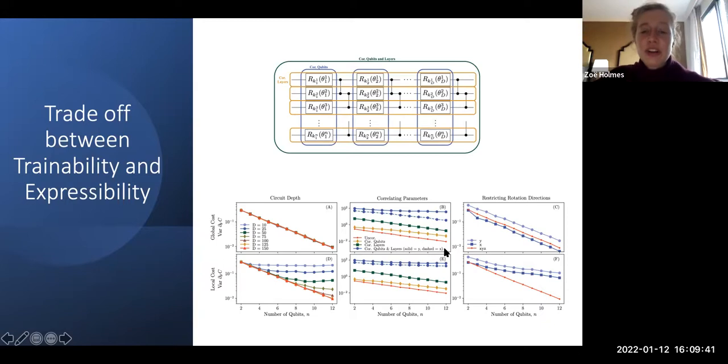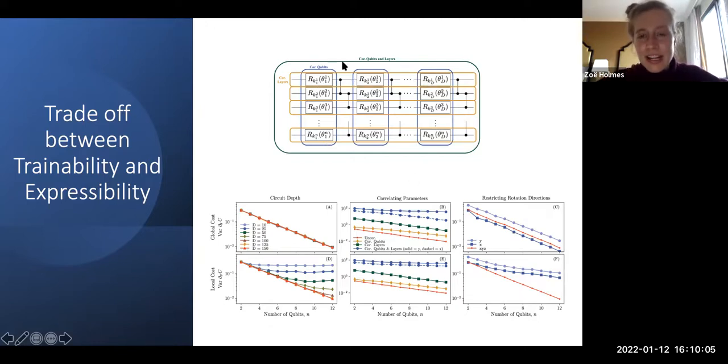Second thing we tried was correlating parameters. So first thing we tried was correlating layers. So that's shown in orange. So that is, we assumed that each qubit could rotate by a different angle, but it rotates by the same angle each time. Then we considered correlating qubits. So all the qubits rotated by the same angle, but it varied from layer to layer. And then we tried correlating everything.